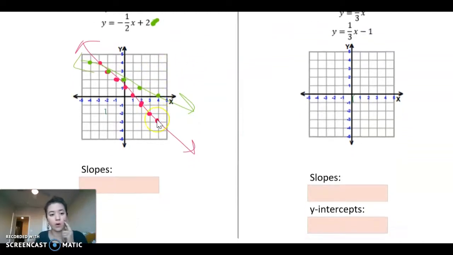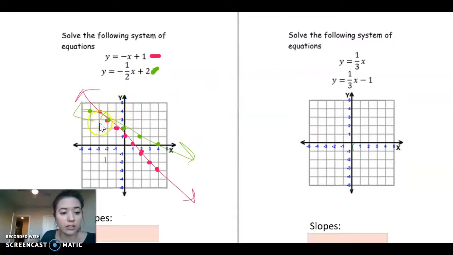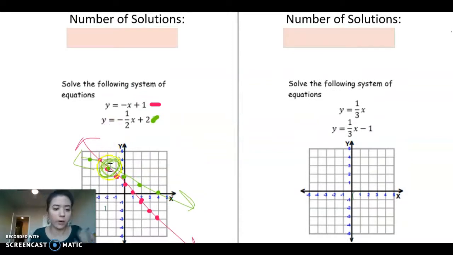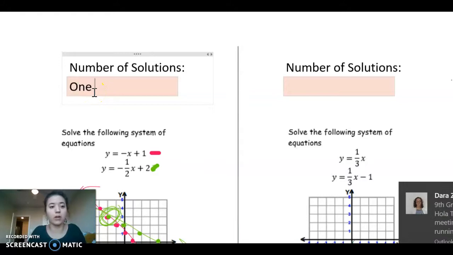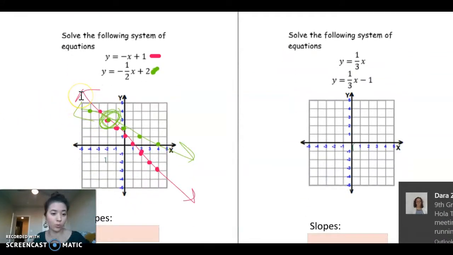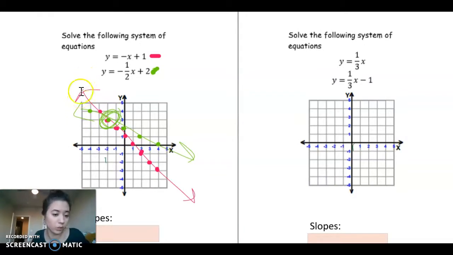All right, now hopefully you see here that I had 2 dots that overlapped right here. If you ever need to pause me, please do so. Now, because I have this line overlap, that one ordered pair would be my solution. So this would be an example of having one solution. If it crosses one time, one solution.